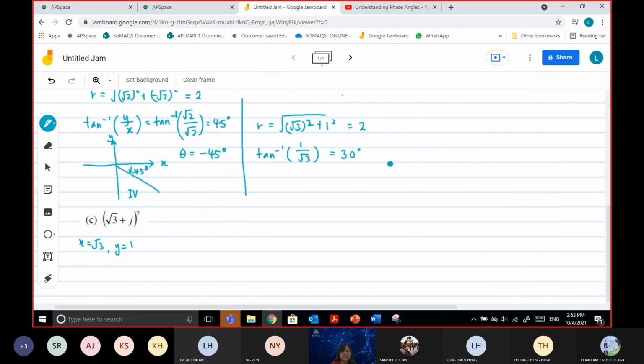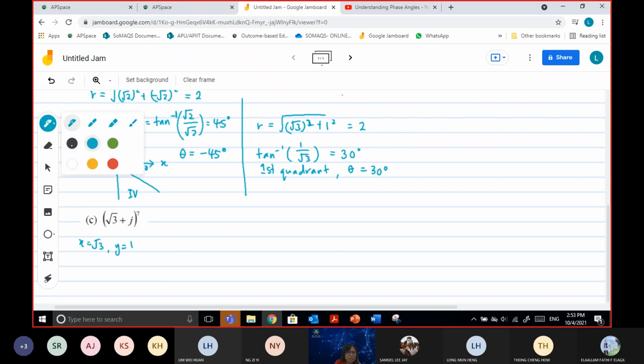Ilalam, which quadrant for C? X positive, Y positive, which quadrant? First, yes, very good. First quadrant, so our theta is the same as 30 degrees. No change, the same as the basic angle because it happens in the first quadrant.